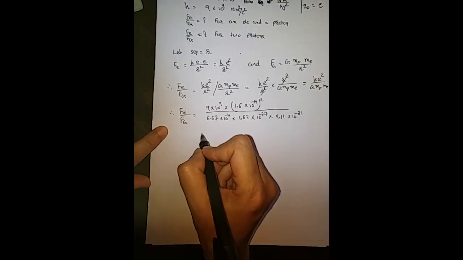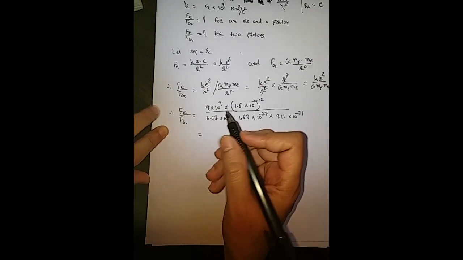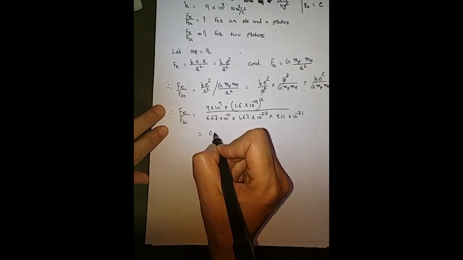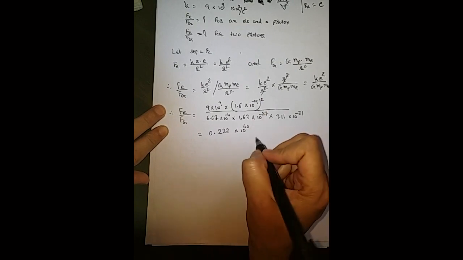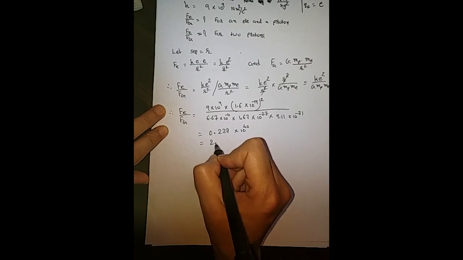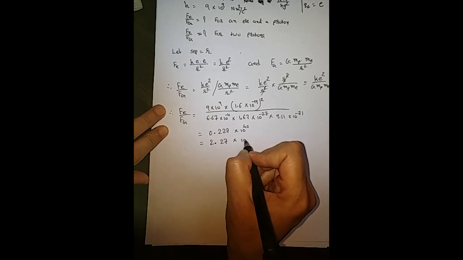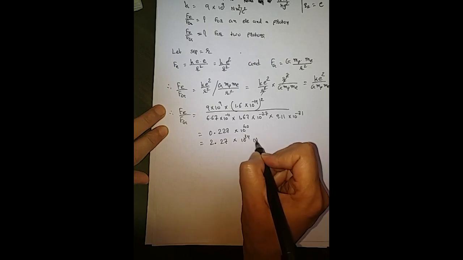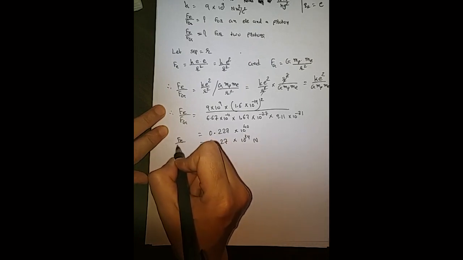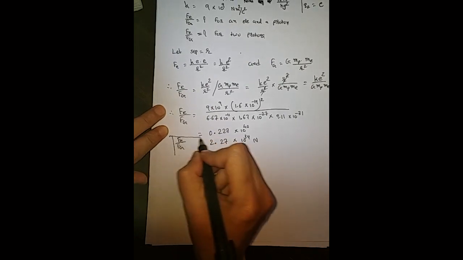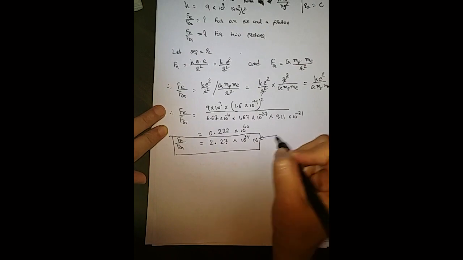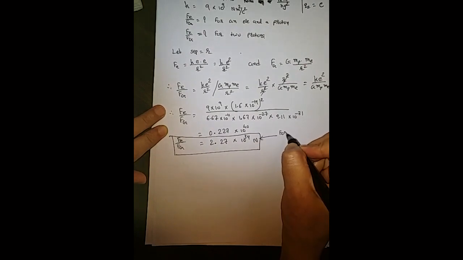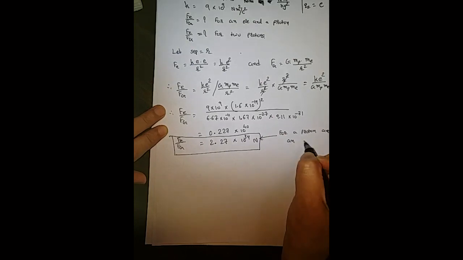By calculation, I can get that Fe upon Fg is equal to 0.227 × 10^40, which can be written as 2.27 × 10^39 Newton. This is Fe by Fg, and we had calculated this thing for a proton and an electron.